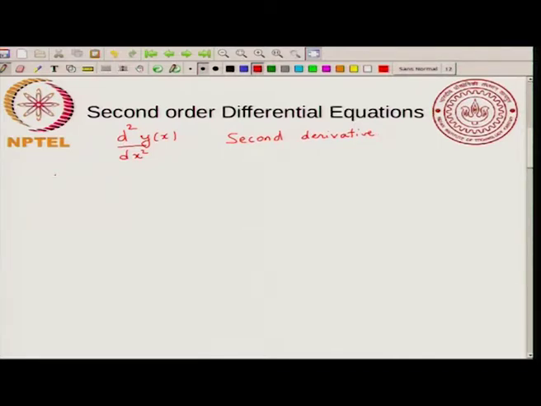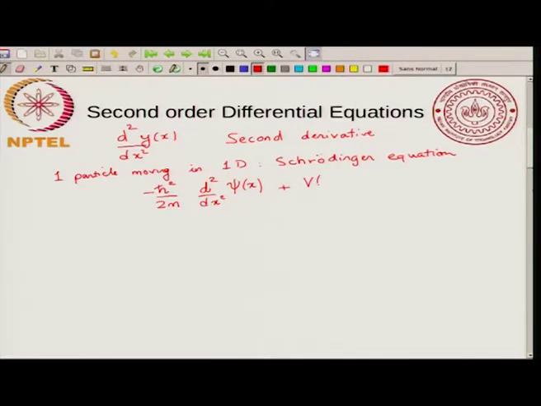Just for example, if you take one particle moving in 1D, then the Schrodinger equation for this particle has the form minus h bar square by 2 m d square by dx square of psi of x plus v of x psi of x is equal to some constant E times psi of x.